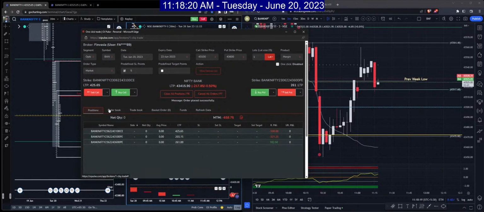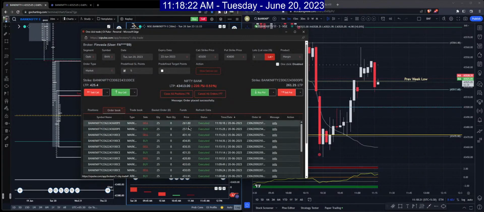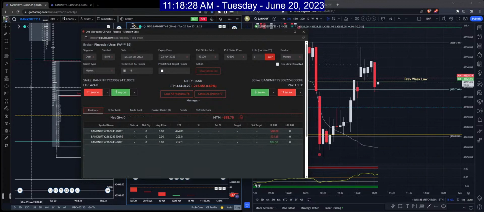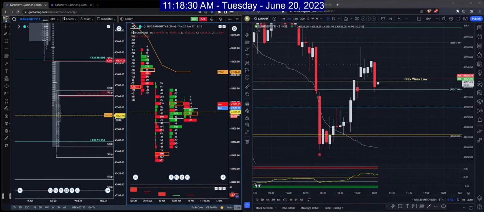And it just hit. Okay, so 257 to 261, again seeing supply. So very sideways and choppy action seen in the current auction. Momentum is also losing out.